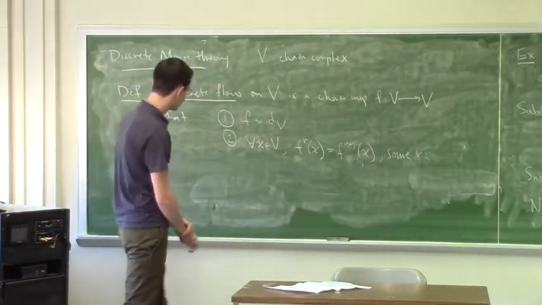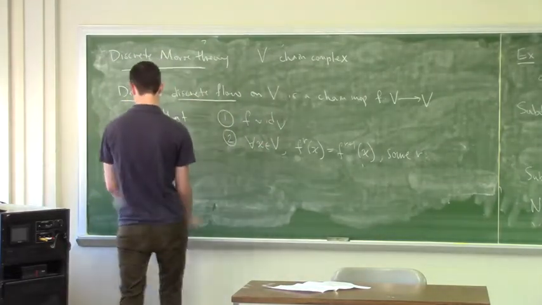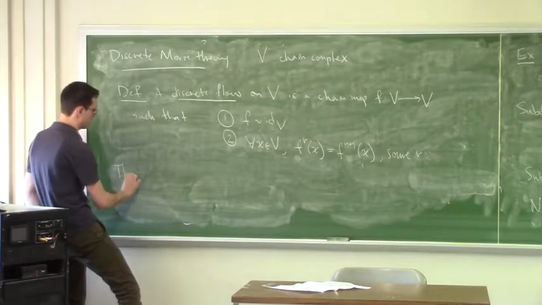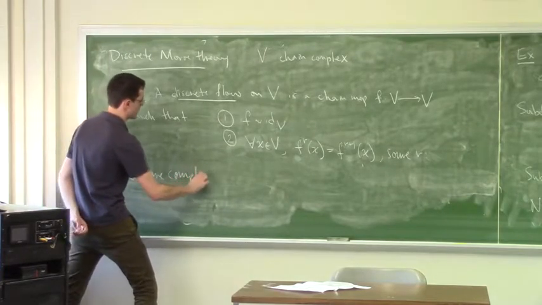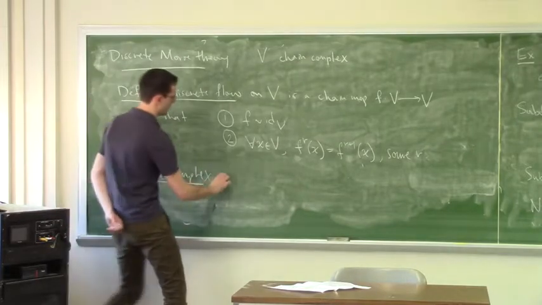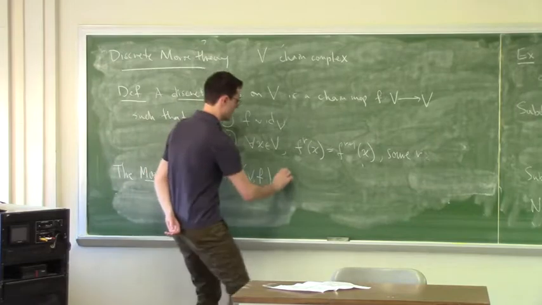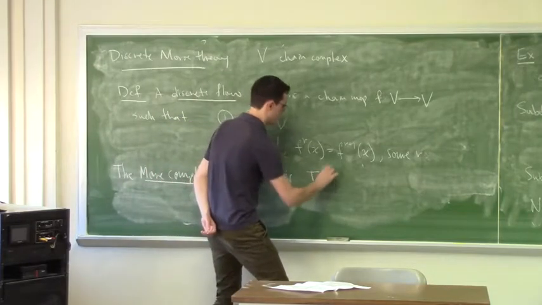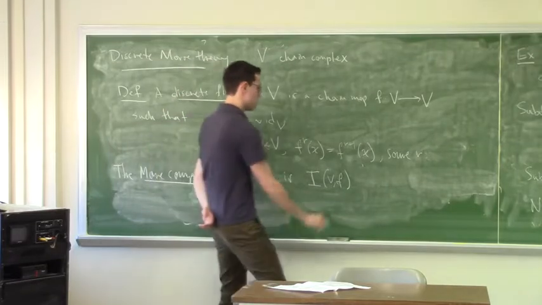That's a discrete flow. If I have such a thing, then I can associate to it its Morse complex. The Morse complex of the pair V and F is, I'll call it I of V comma F, I for invariant.